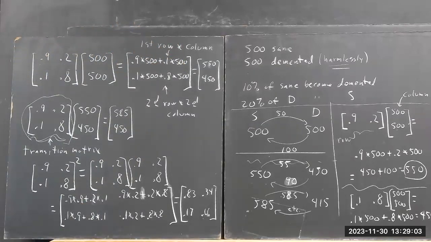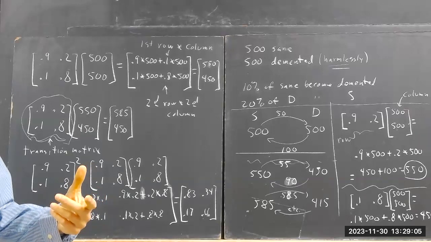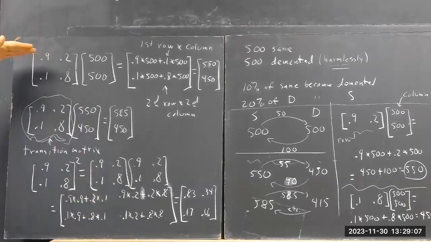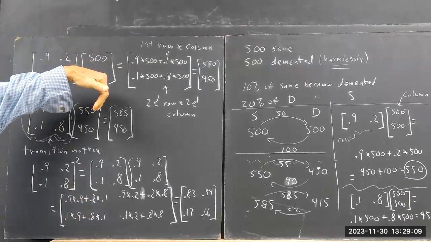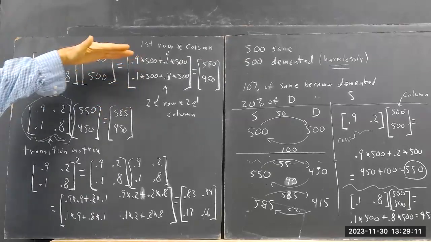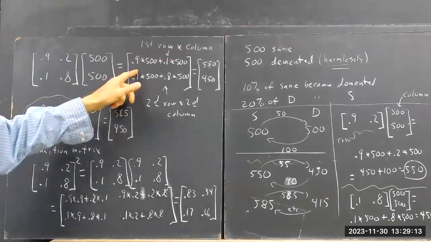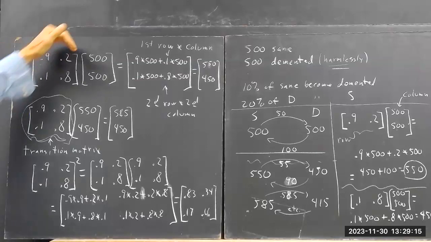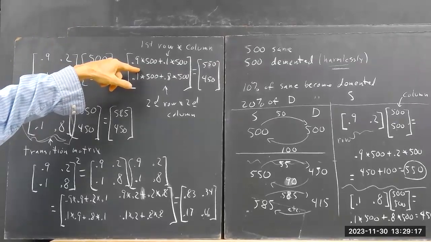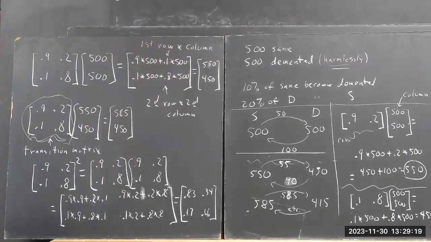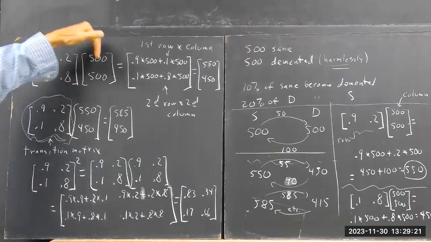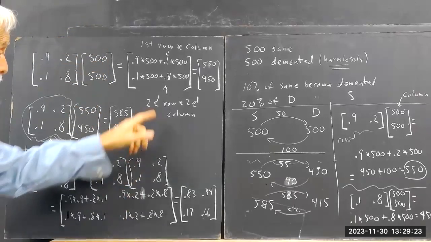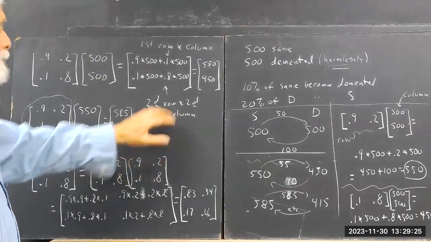I multiply it. How do I multiply it? I take the first row times the column, and that goes in my first row. First row times our column. Second row times the same column. Second row times the first column.